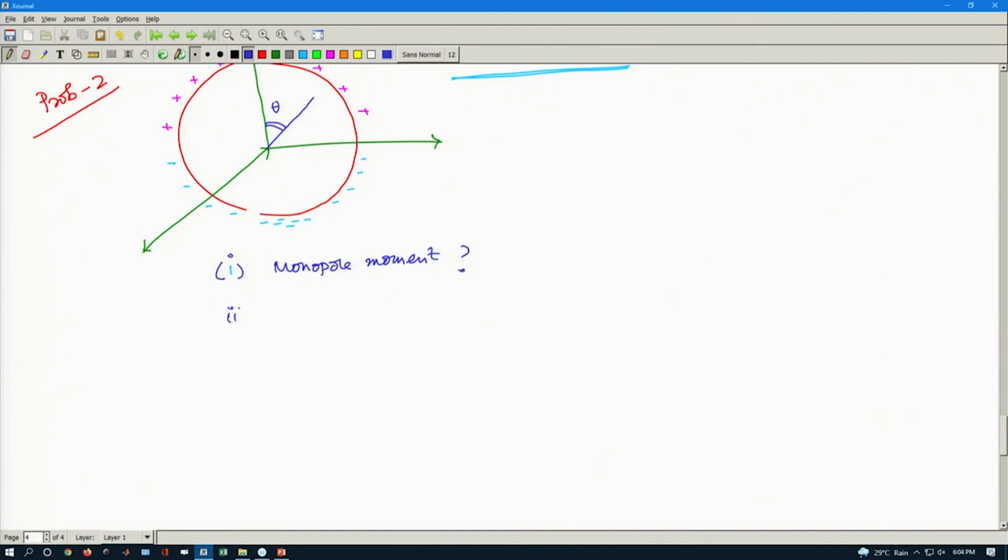And the second part is the dipole moment. So, how do you calculate the monopole moment?